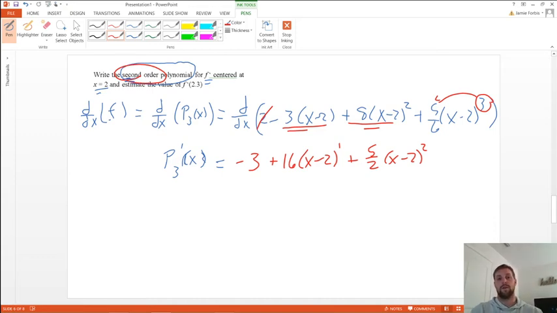So we found the Taylor series that described my function above, and now we're using that same approximation to approximate the derivative at 2.3.